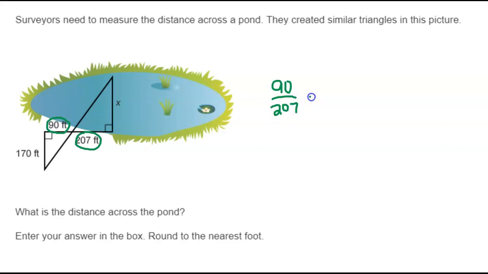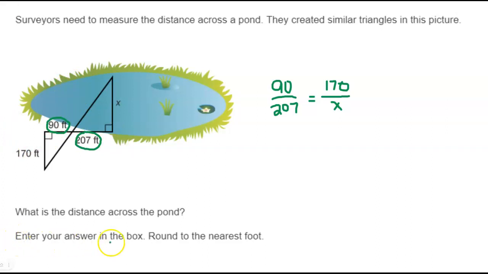You can see that pretty clear. 90 divided by 207 corresponds with, remember, same triangle, 170 over x. You can go ahead and cross multiply, and that will give you the distance across the pond.